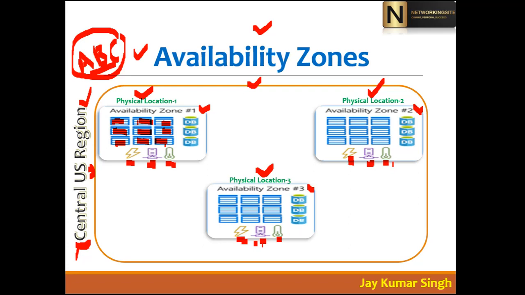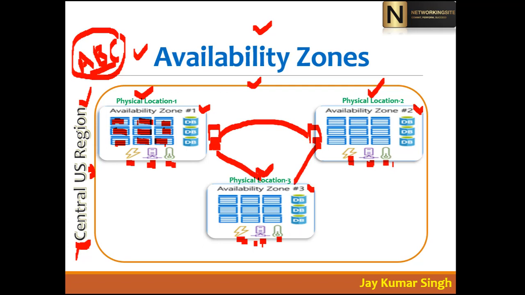When I create a server and select availability zone, it means I want my server to be available 24 by 7. Maybe your server is here. When you create it in an availability zone, it will automatically create a copy in another availability zone, and also a copy in the other availability zone as well.